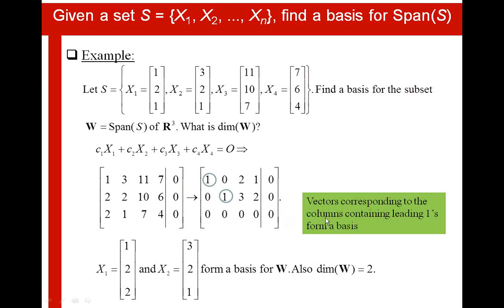So the vectors corresponding to the columns containing leading ones form a basis. In this case, the basis for the subset W are the first two vectors x1 and x2, and since this basis has only two vectors, it is clear that the dimension is equal to 2.